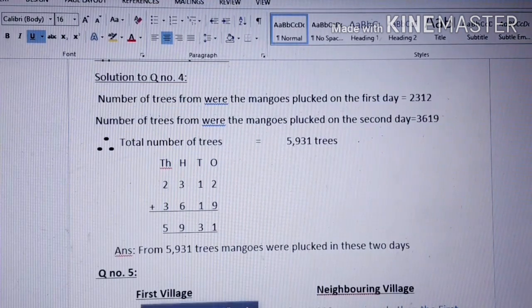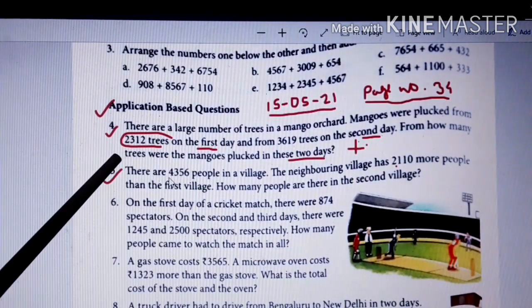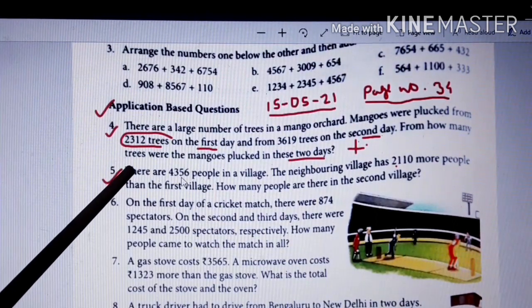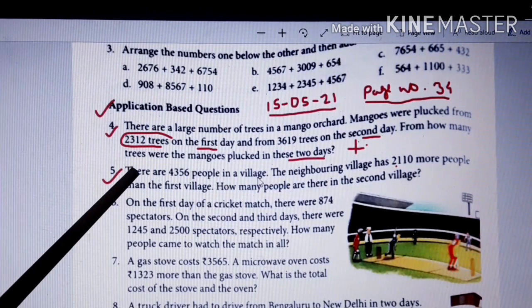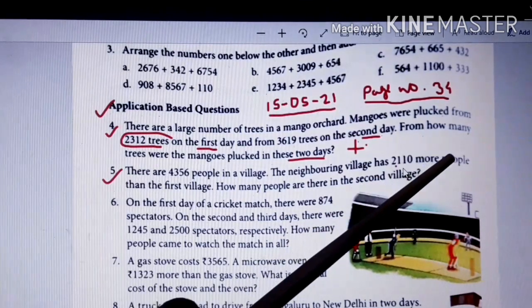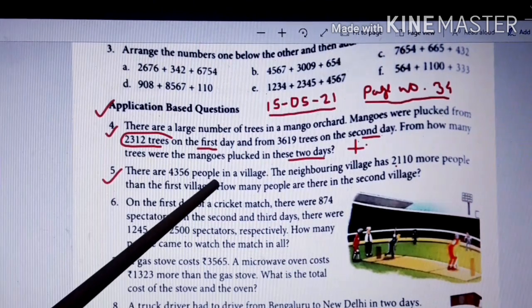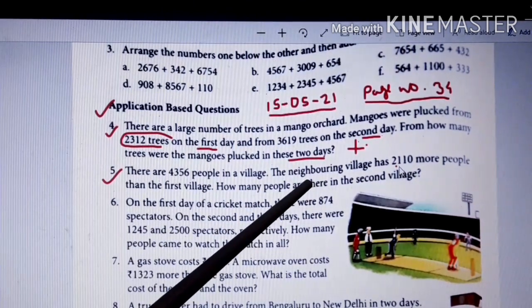Okay, let's see our next question. Question number 5. There are 4,356 people in a village. The neighboring village has 2,110 more people than the first village. That means what we are going to do, children, here?